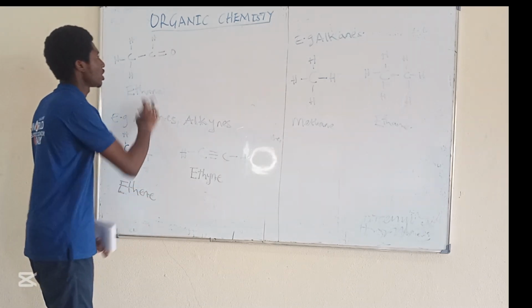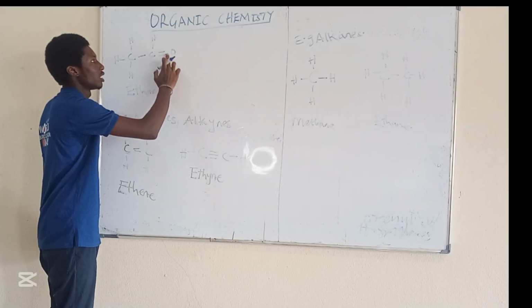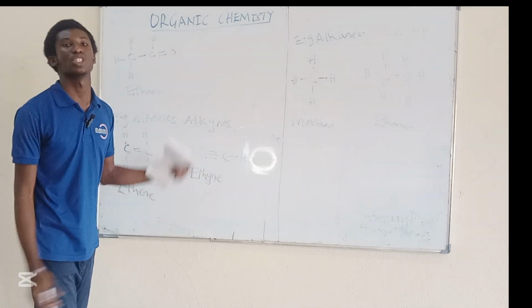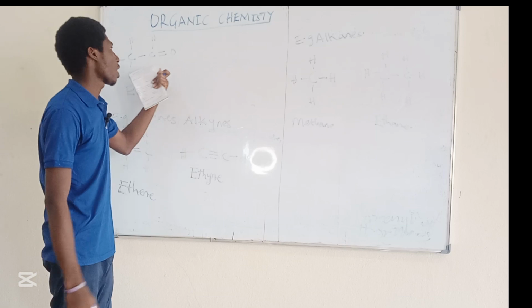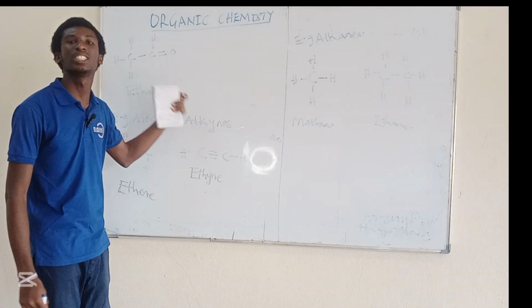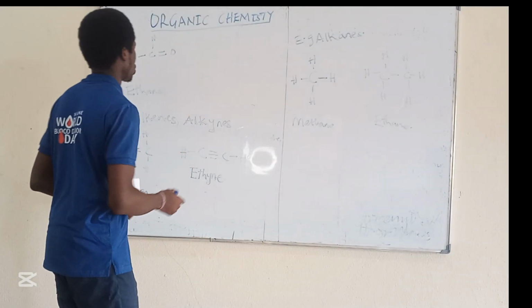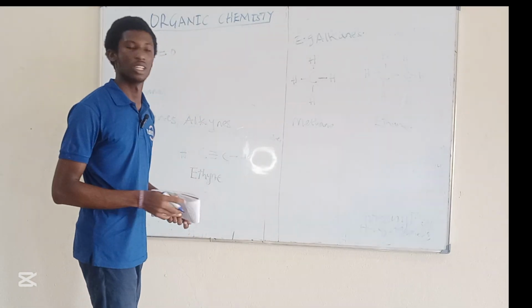You see that the double bond is not between two carbon atoms, it is between the carbon atom and the atom of another element, which is oxygen here. And that is why this is also an unsaturated organic compound.